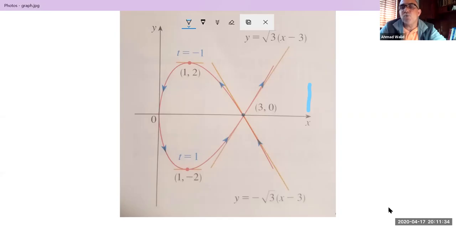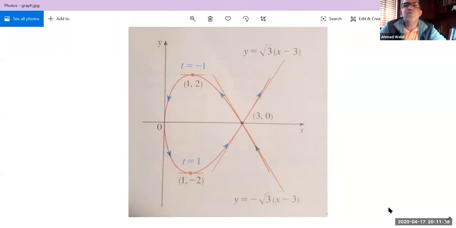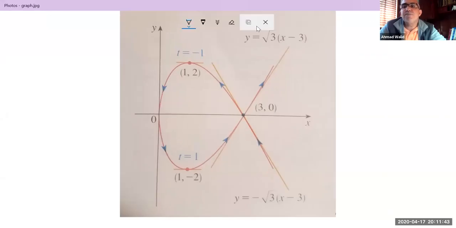The equations were y equals the square root of 3 times (x minus 3) and y equals negative the square root of 3 times (x minus 3).